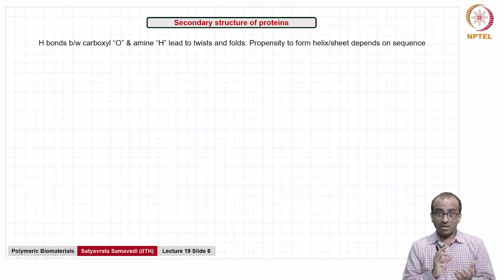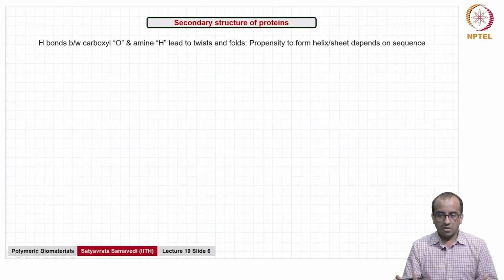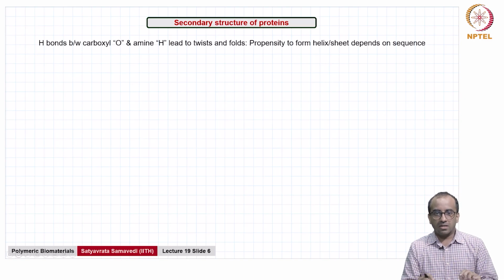So, the protein in many ways wants to compensate for that loss by forming hydrogen bonds through the formation of secondary structures. So, these are some ways to think about higher order structures in proteins, but like I said, protein folding thermodynamics is not a topic that we will get into in great detail in this course, except to note that these are some of the reasons why proteins like to fold in 3-dimensional space.